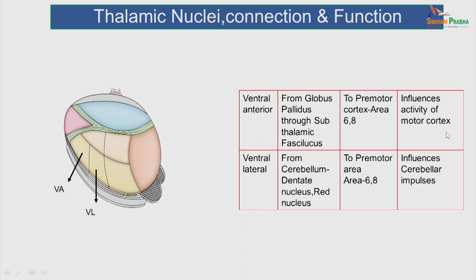It influences motor activity, both the pyramidal and extrapyramidal systems. Whereas the ventral lateral receives afferents from the dentate nucleus of the cerebellum and also the red nucleus. The efferents are given to the associated motor areas, and functions of the cerebellum like balancing and muscle tone are managed by this nucleus through the dentate nucleus.